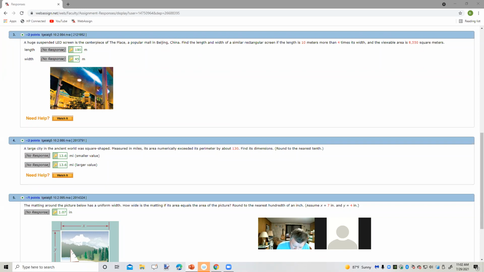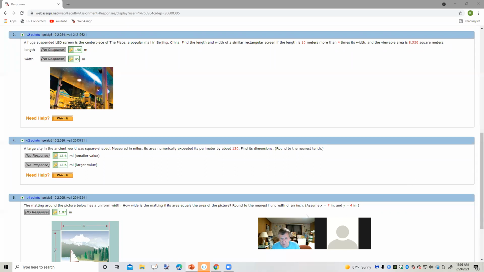Okay, so we've got this rectangle, and we know that the area is 8,550 square meters. It says the length is 10 meters more than 4 times the width. So if the width is x, the length would be 10 more than 4 times x, or 4x plus 10.